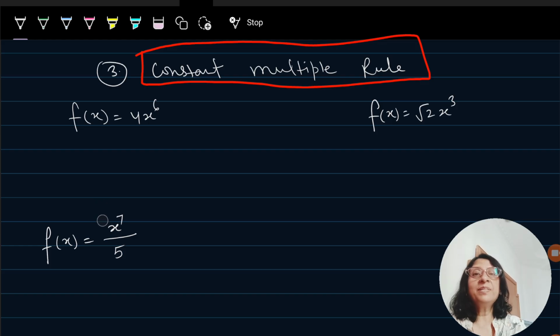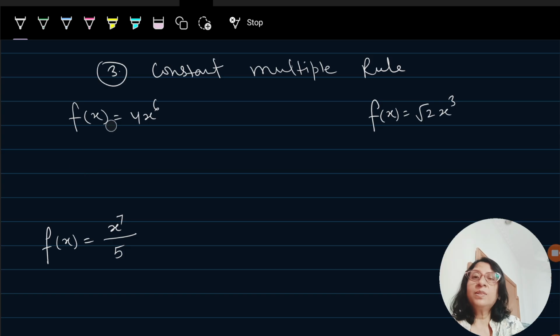Now we will see the third rule, that is the constant multiple rule. Constant multiple rule means a constant number is multiplying your variable. So this is the function f of x is equal to 4x to the power 6. What will we write?